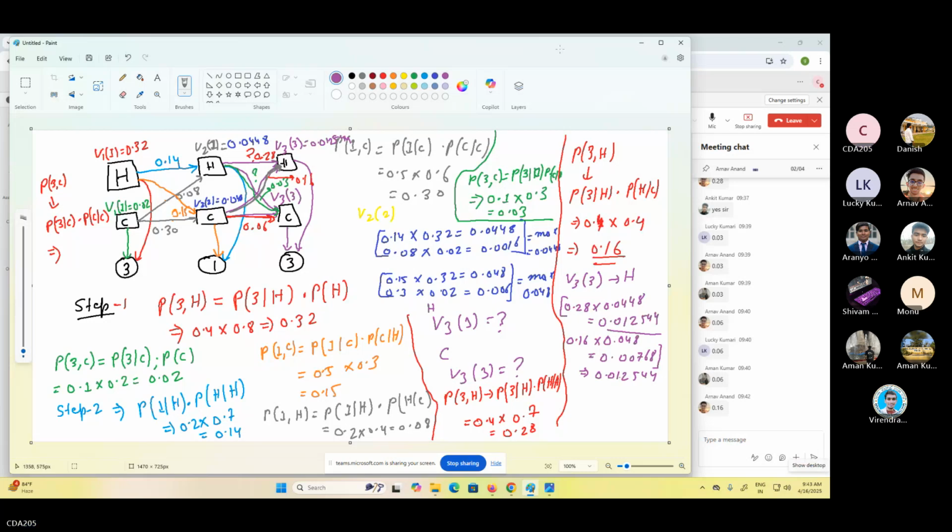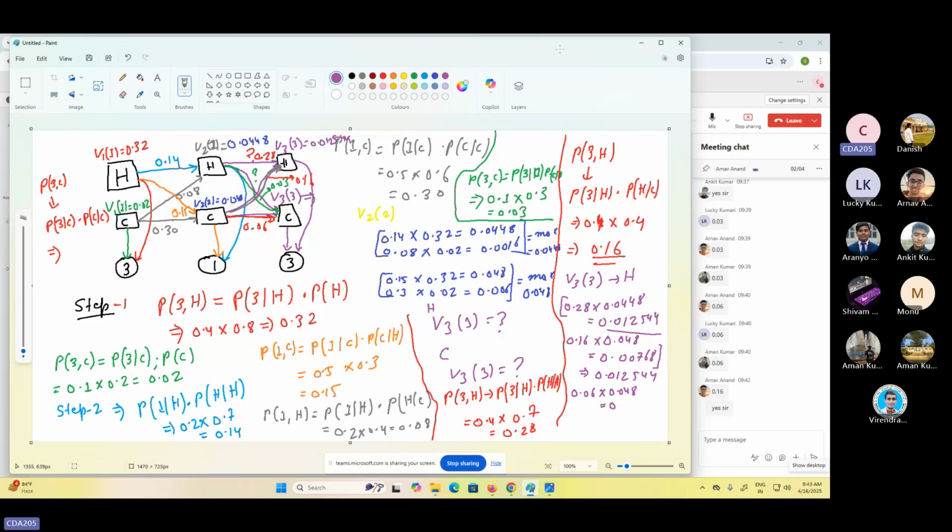Understood. Now calculate V3 for C. So it is 0.06 into 0.048, which will be 0.00288.